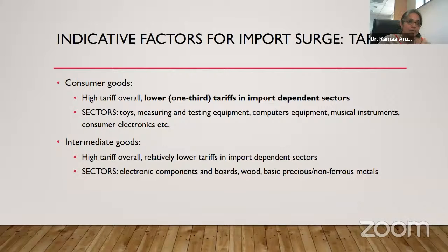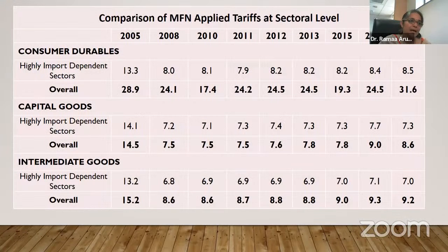Some of the indicative factors for import surge were, one of the quantitative measures, tariffs. So I compared the tariff data for the subset of the highly import dependent sectors identified in the analysis. And we get to see, particularly for the consumer durables industry, that the highly import dependent sectors had very low tariff rates as compared to the overall average of the consumer durable goods sector.